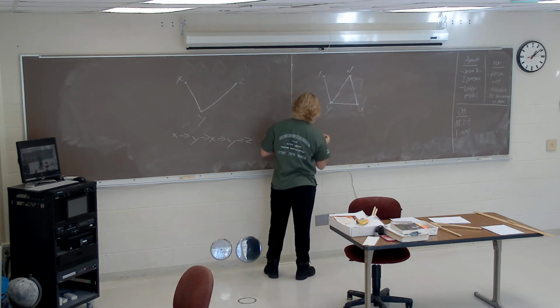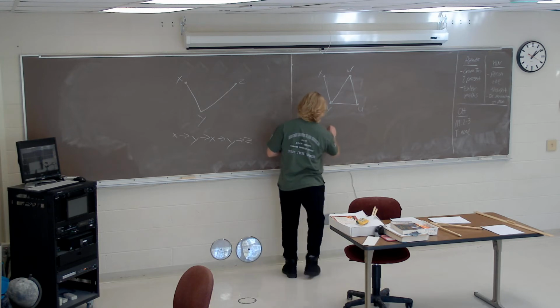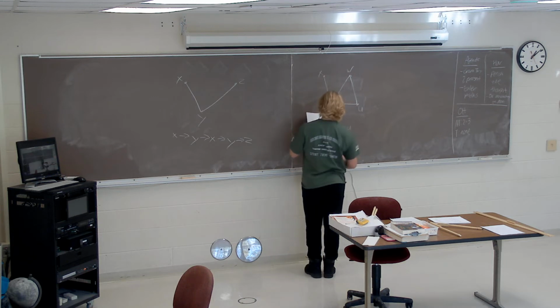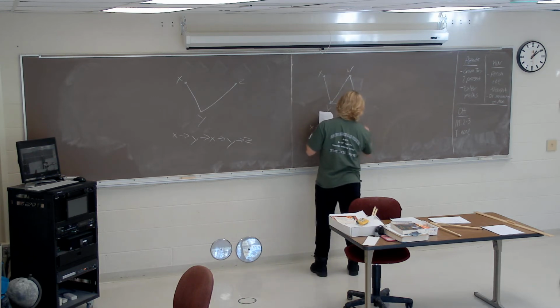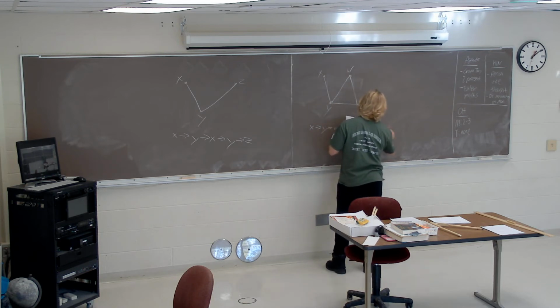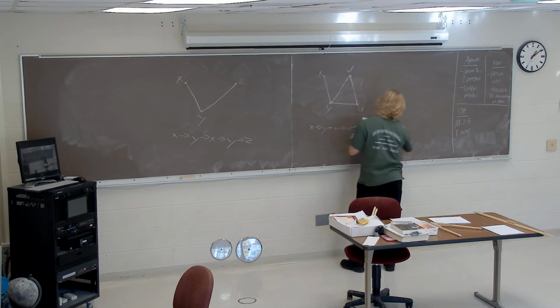And then the walk that is not a cycle would be X to Y to W to U. Yep, and then back to Y, back to W, back to Y, and then finally back to X.